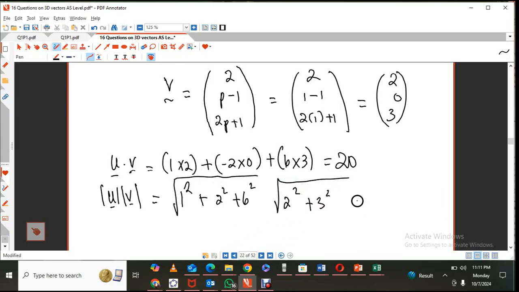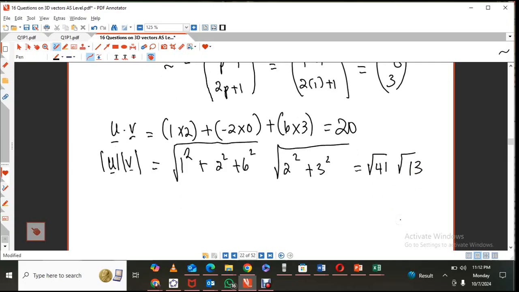Of course, if you were to clean this up, that's 1 plus 4 plus 36, that's 41, so it's root 41. And this is 4 plus 9, that's 13. Okay, so now I have all my components. I can just go ahead and find the angle. So my formula is cos theta is equal to 20 over root 41 times root 13.